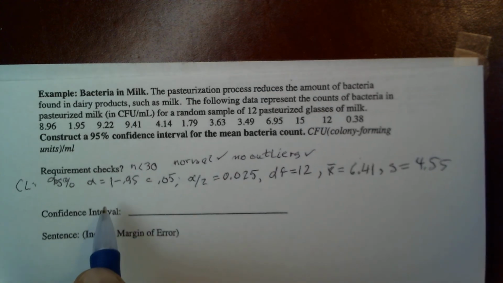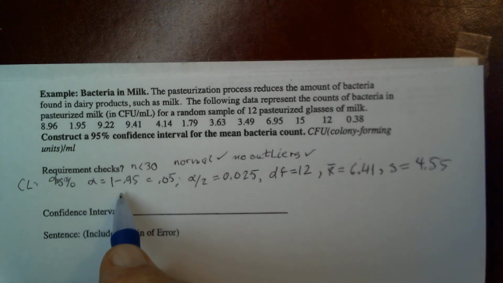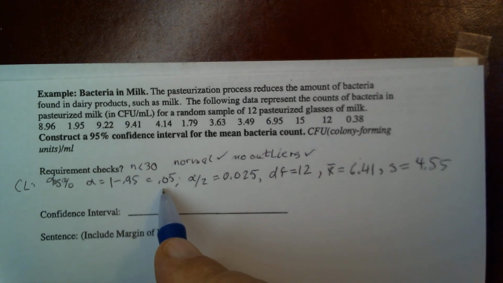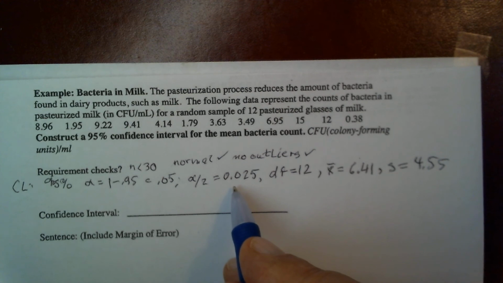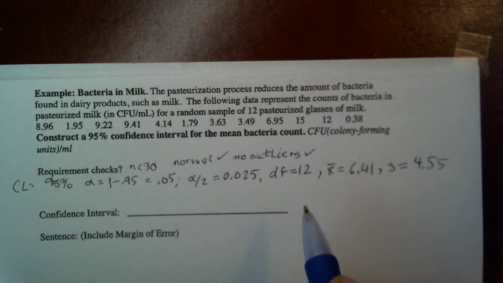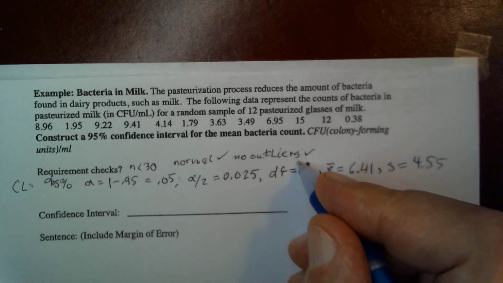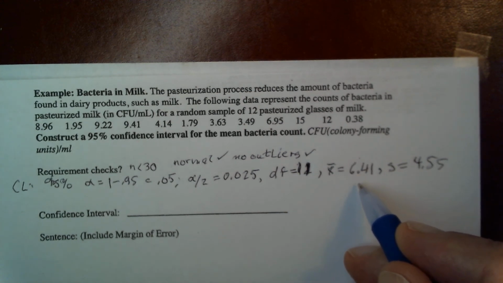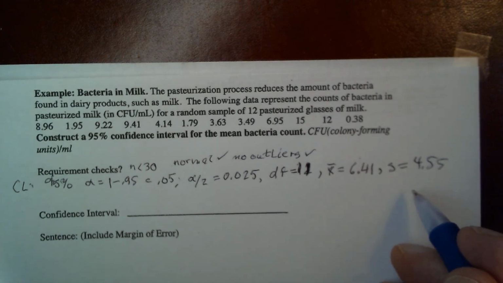From the given information, with a confidence level of 95%, that means that alpha is 1 minus 0.95 or 0.05 or 5%. Then alpha divided by 2 is 0.025. Degrees of freedom is 11. And it turns out the mean is 6.41 and the sample standard deviation is 4.55.